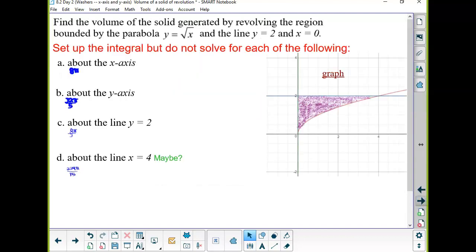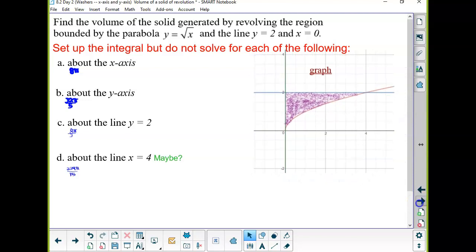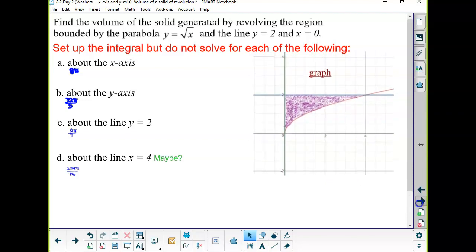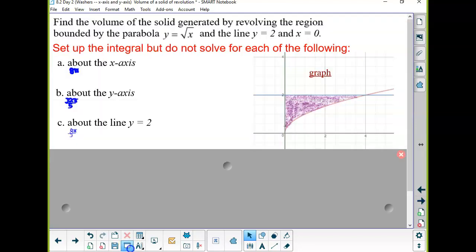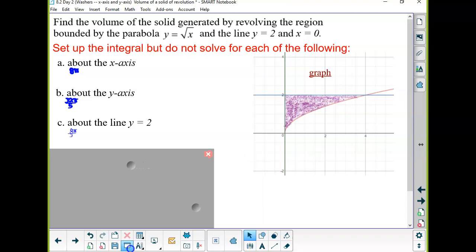What I'd like you guys to do is we got 23 minutes. We're going to take this scenario and we're going to try to revolve it around the x, the y equals 2, and you might not be ready for part C and D. And actually in that case, let's not do D, let's just do C and see how you do with that.